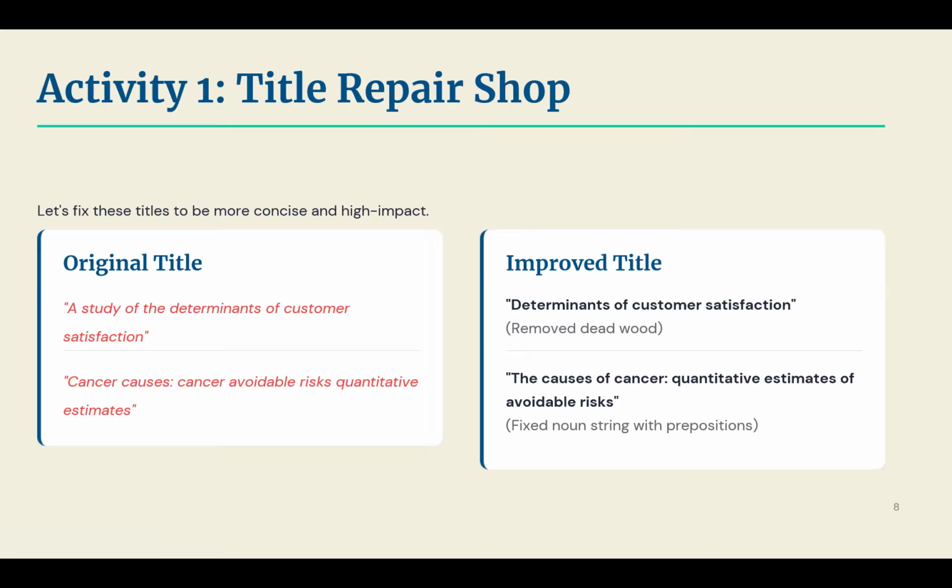Look at the cause of cancer, quantitative estimates of avoidable risks. What we did was quite simply, we fixed the noun string with some prepositions and added an article, which is definite. Did you get the point?